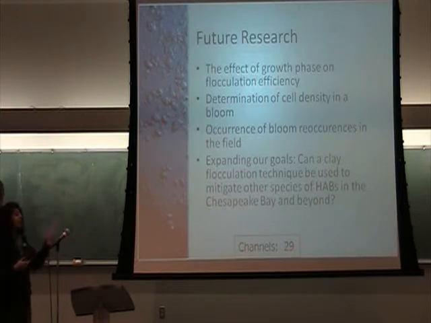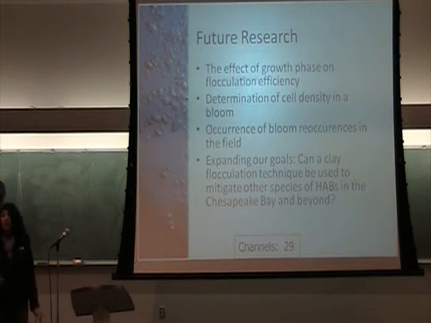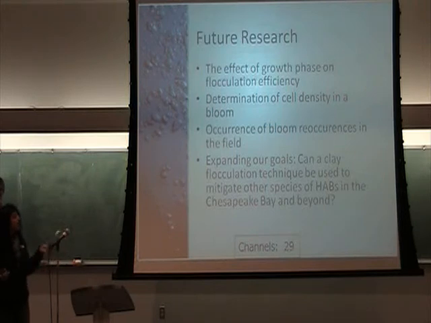And fourth, we want to know if our mixture can work on any other algae, because we're only using Microcystis. So we want to be able to see if the clay flocculation technique can be used to mitigate other species of harmful algal blooms in Chesapeake Bay and beyond.